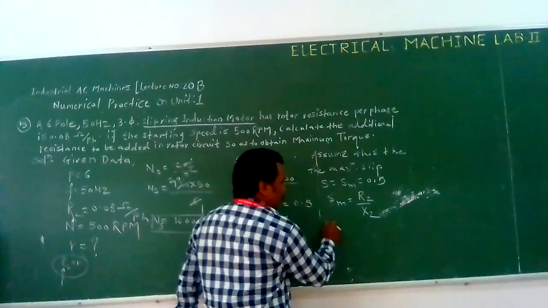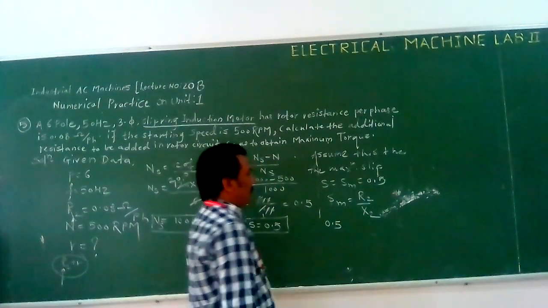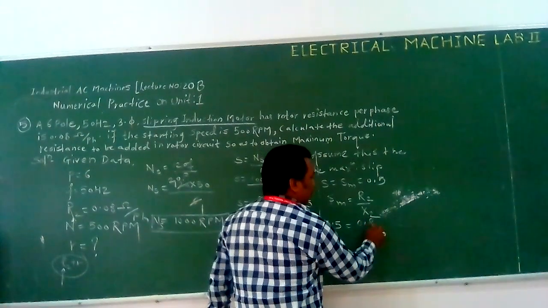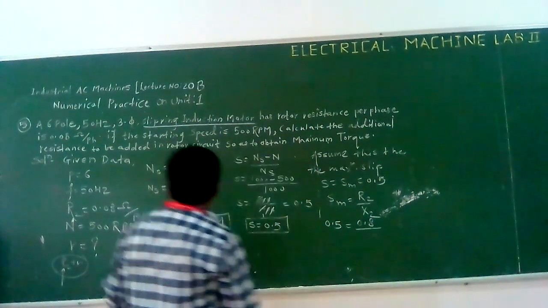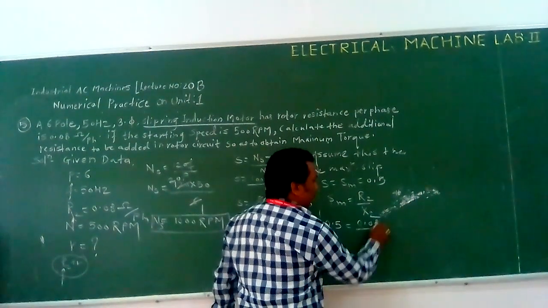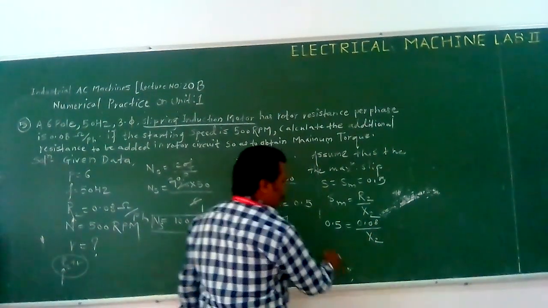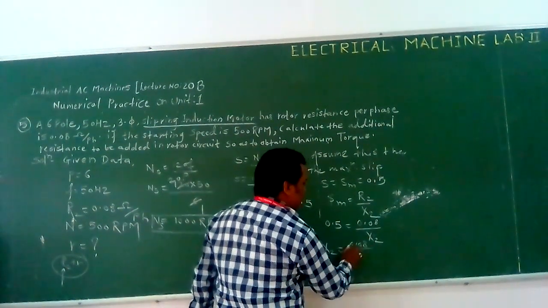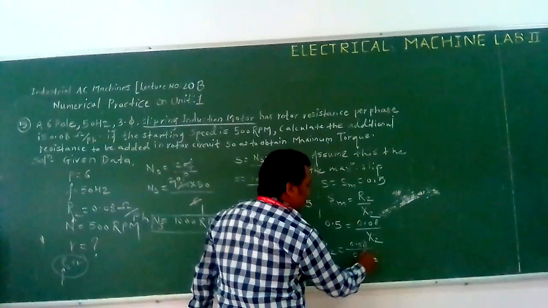Here Sm is 0.5, R2 is 0.08, and X2 is 0.08 divided by 0.5.